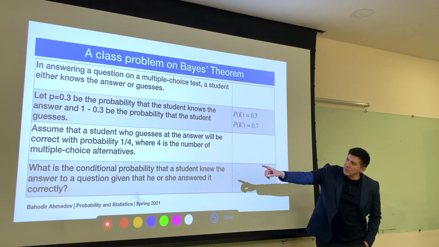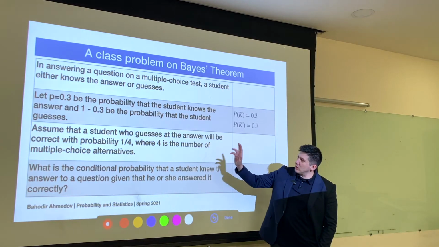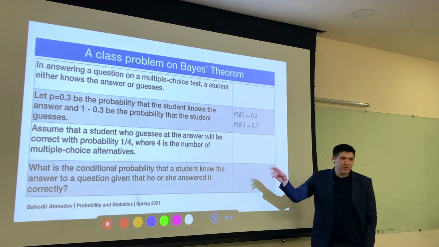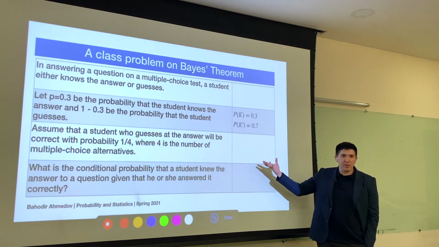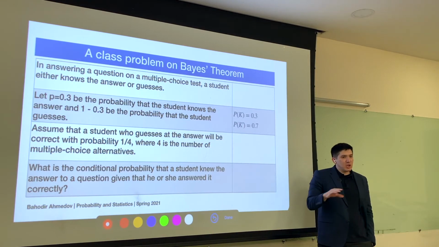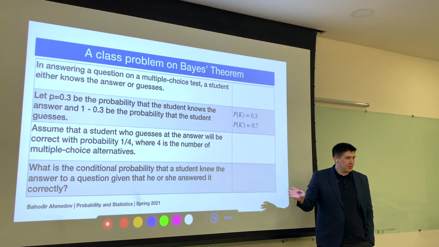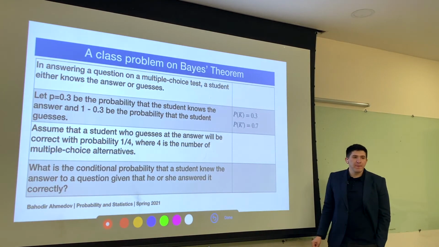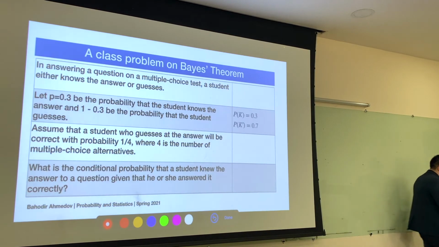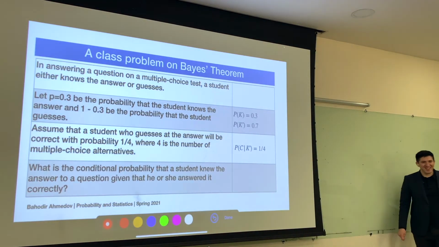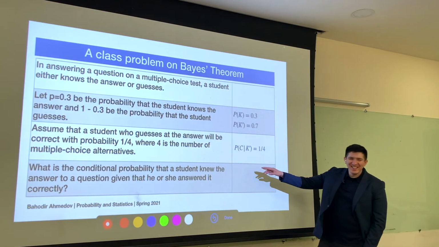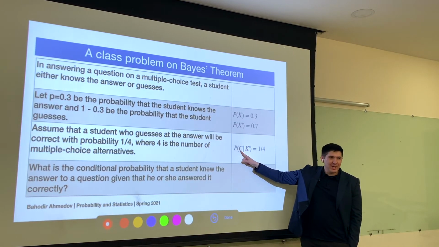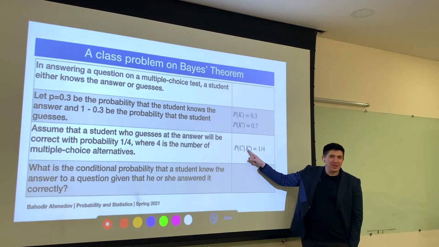So what is the probability that he is going to answer correctly if he guesses? How to write this down mathematically? The answer is going to be correct if he guesses with probability 0.25. P(C|K'), the probability that the answer is correct if he doesn't know the answer, if he guesses.